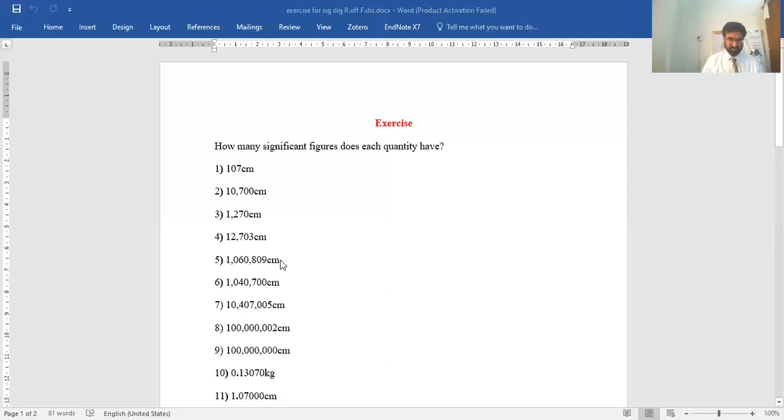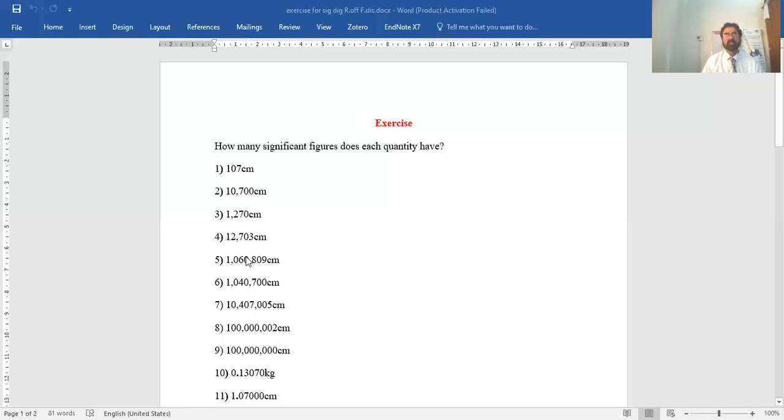1060809, all these zeros that you see in this quantity are sandwiching non-zero digits, like 0 between 1 and 6, 0 between 6 and 8, and 0 between 8 and 9.